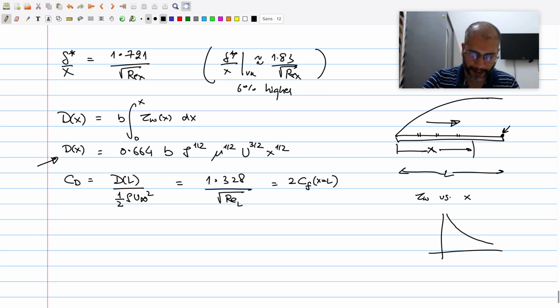CD has information about the total area under this curve, and CF is the value here, of course normalized.